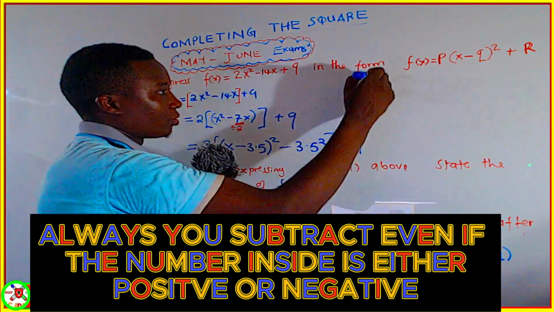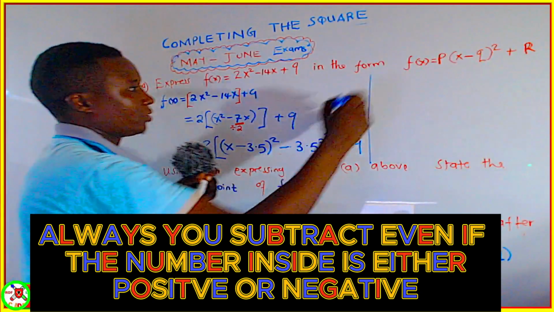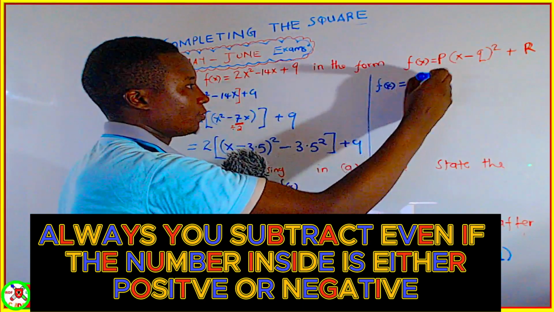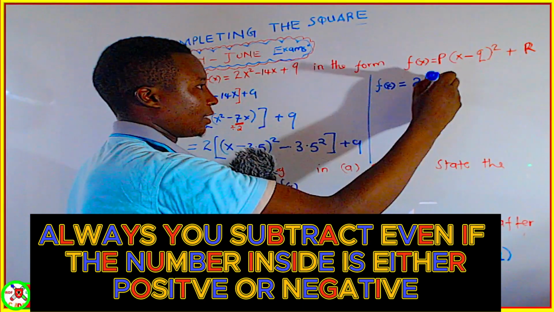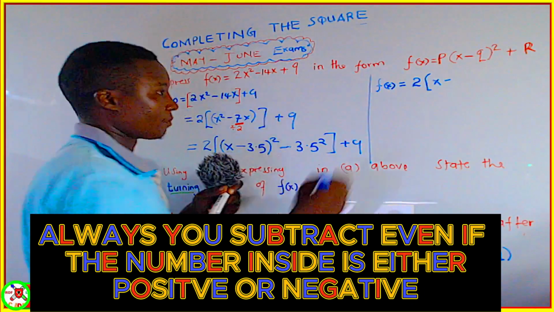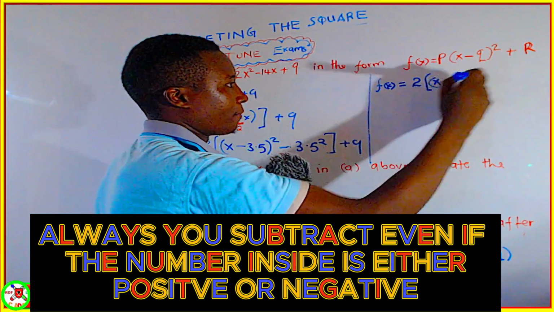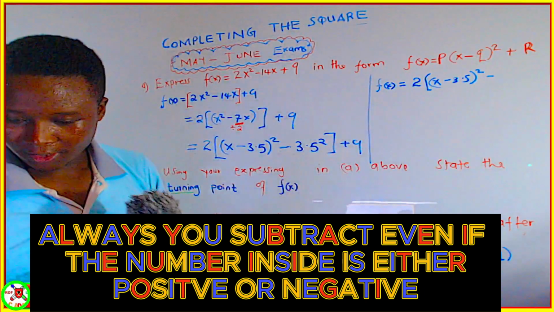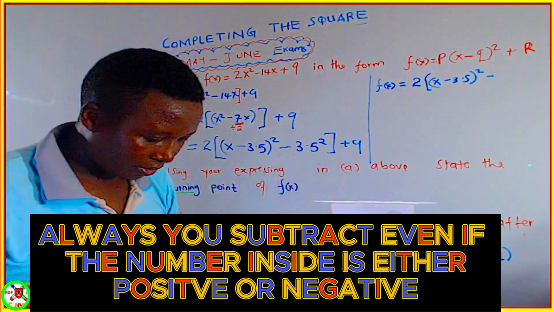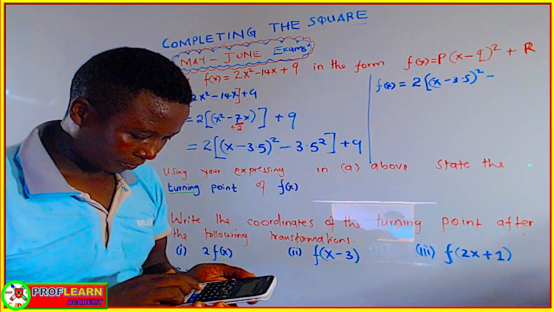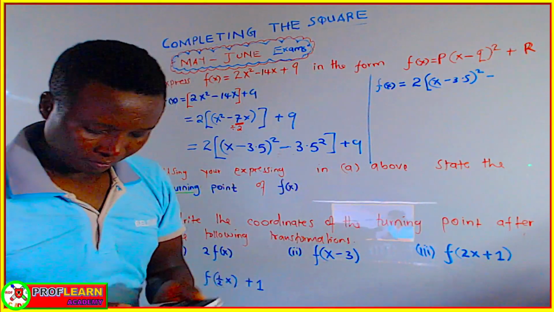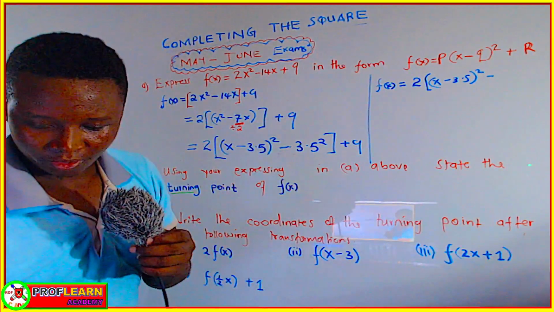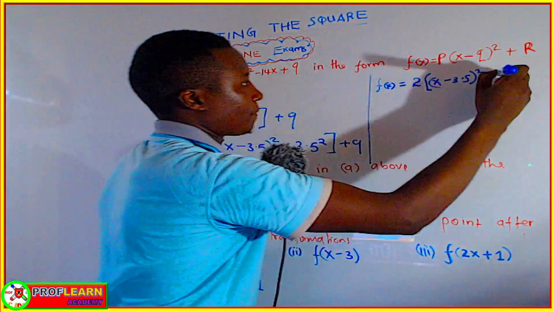So this is going to translate to, if you work this out, f of x is going to be 2 into bracket x minus 3.5 squared minus what? If we work out 3.5 squared, we are going to get 12.25.